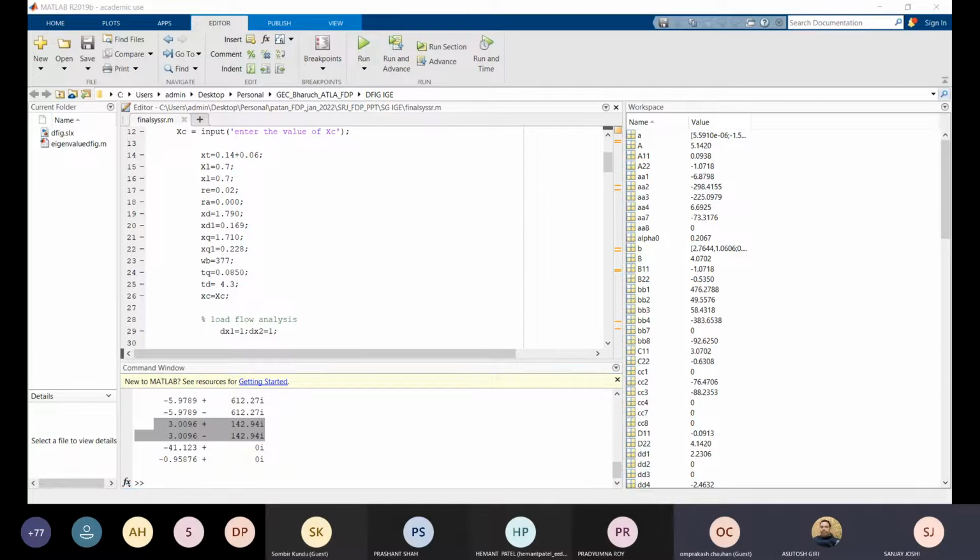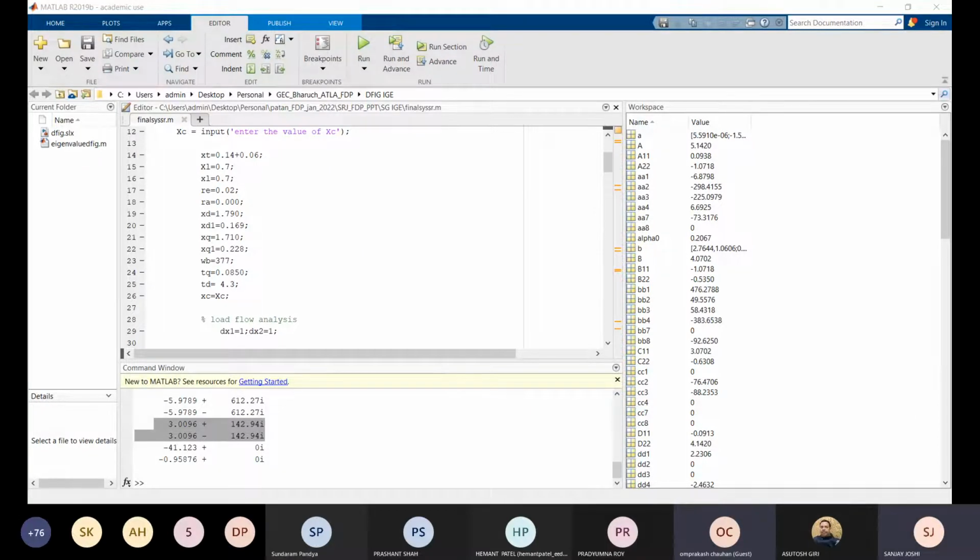It is a positive value. The value is plus 3.00. It seems that it is an unstable system. So if this machine is running, in that case, if there is any disturbance, the system will go unstable.